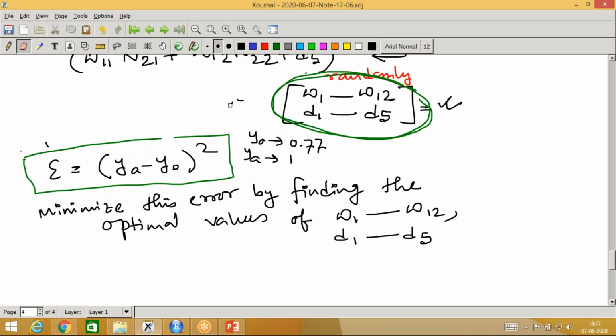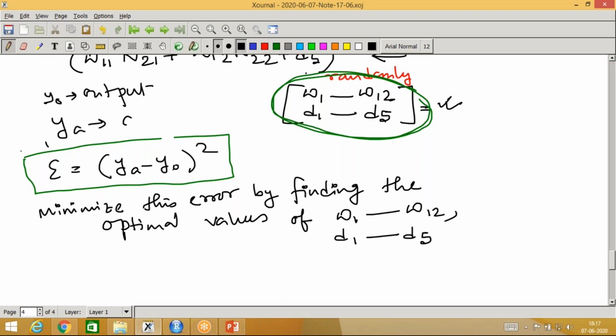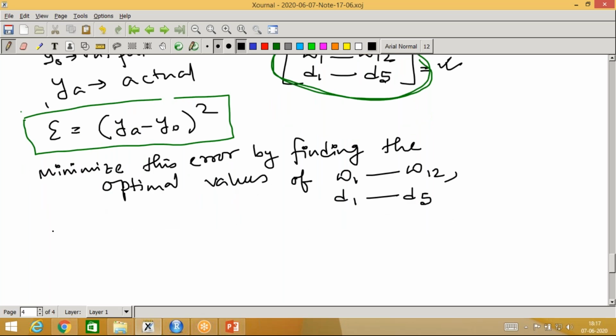So you get some y0 and you get some ya. Y0 is your output, ya is your actual, and you get an error. Now you have to reduce this error by changing W1 to W12, D1 to D5. That is your job. Now, what is the method that we use in doing this?